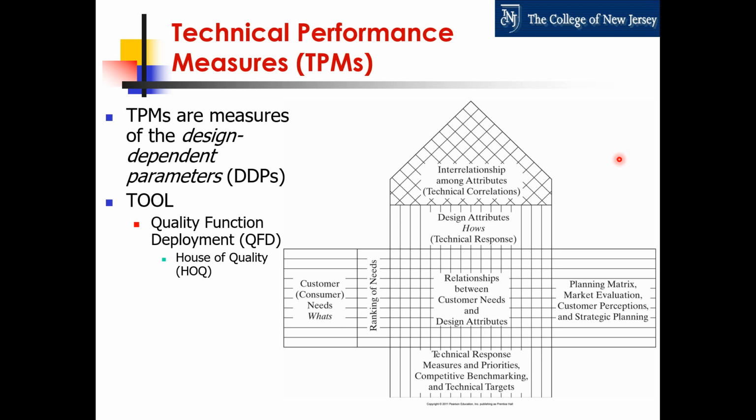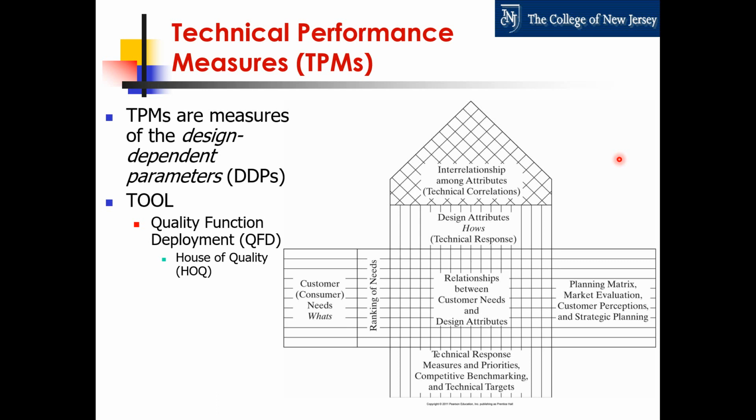So, in other words, these are how you measure the quantitative parts of the design. This tool is called a house of quality. It looks like that, so it looks like a house. And it comes from the school of thought of Quality Function Deployment, which is part of continuous quality improvement, a bigger set of philosophies for the development of products and the manufacturing of goods.